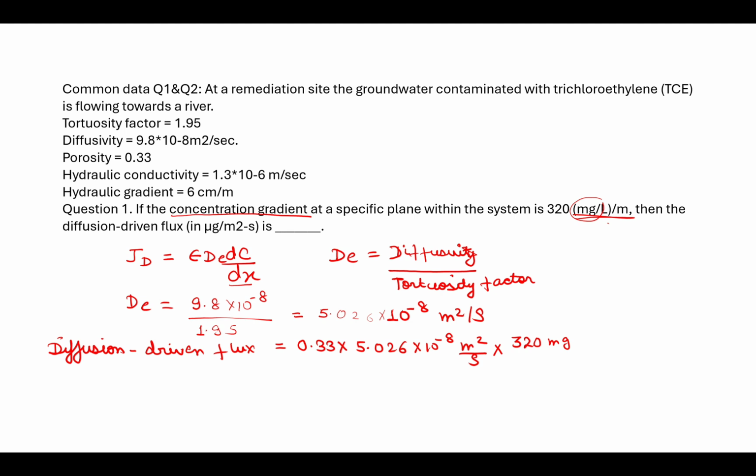So meter cubed into meter will be meter raised to the power of 4. Now we have to find the diffusion driven flux in microgram per meter square per second. So to convert milligrams into micrograms, we will multiply by 1000.